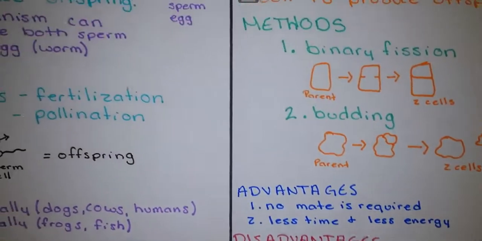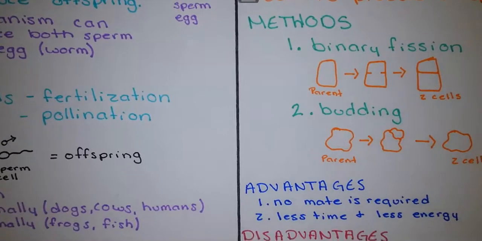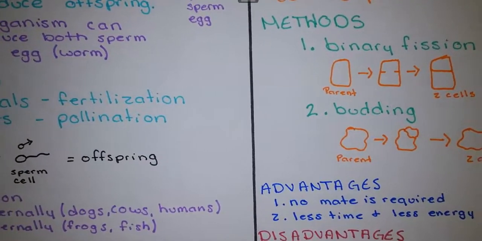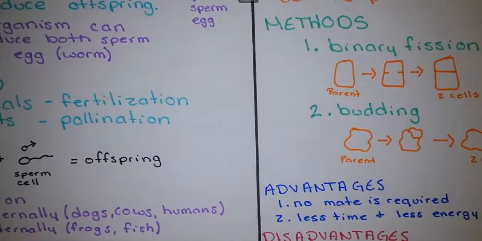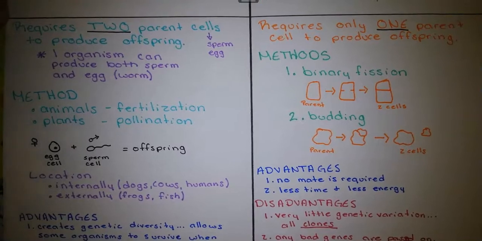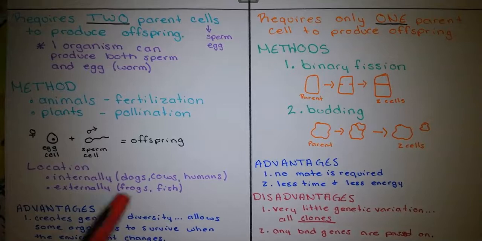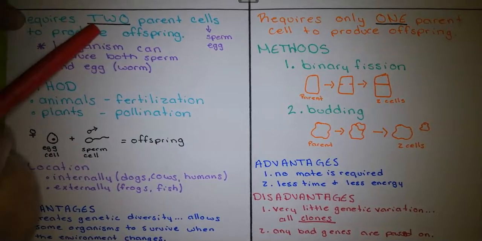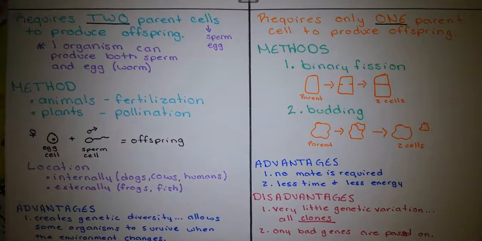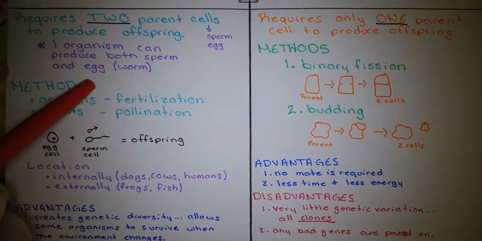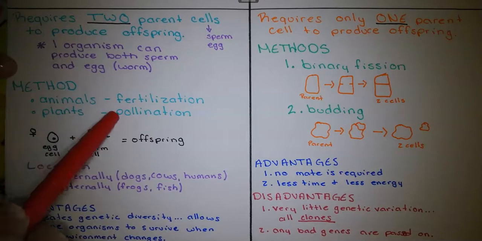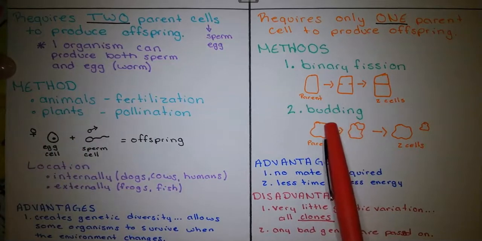Now, if we look at both notes, let me zoom out. Okay, if we compare them, sexual requires two parents, asexual only one parent. Okay, methods, it's either fertilization or pollination, and here it's binary fission and budding.